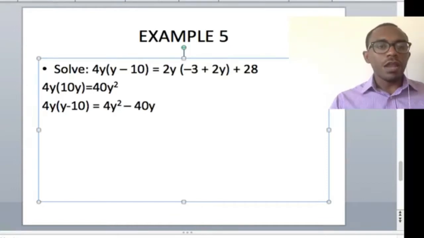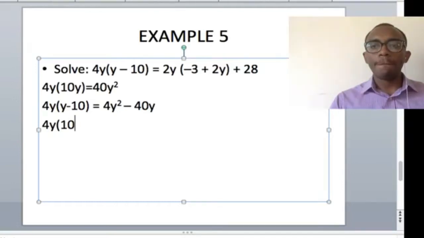Okay? Last, now if I use, let's say, 4y times 10, divided by y. What would that become?